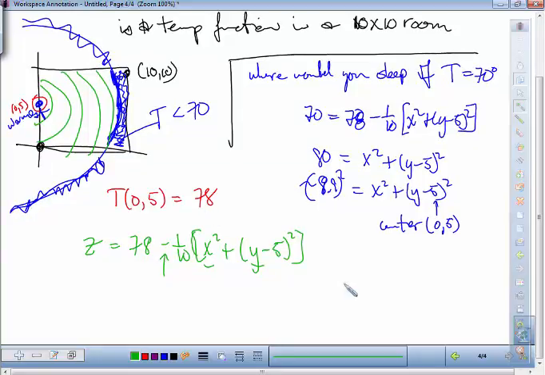So let's see if we can draw this in 3 dimensions. I'll draw the axis in black. And our special point on the xy plane is 0, 5, so 0, 5 would be along the y-axis. And at 0, 5, we have a height of 78.